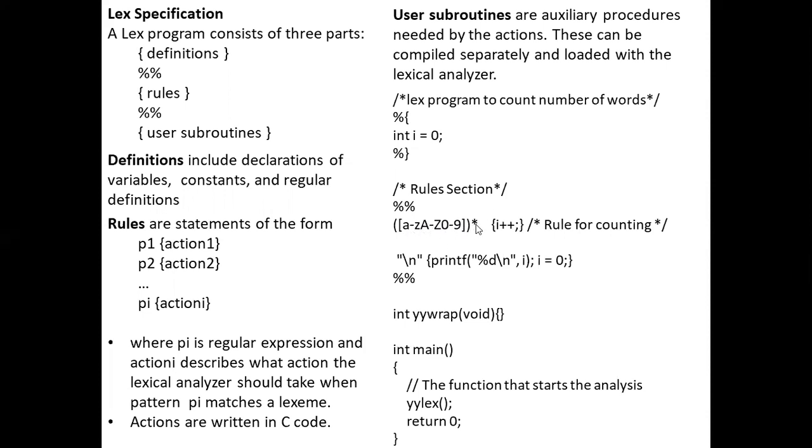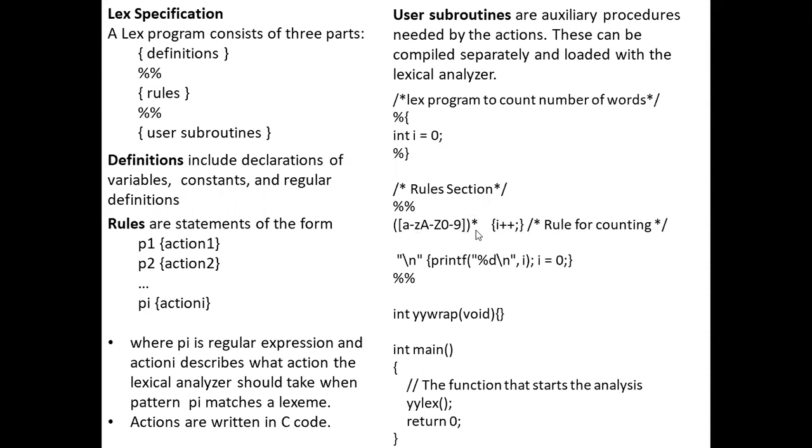And what is the characteristic? If certain tokens are recognized by Lex, then i++ means you want to increment the particular variable, which is initially assigned 0. So if any of small a to z, capital A to Z, or 0 to 9 occurs, you directly increment the int i variable.